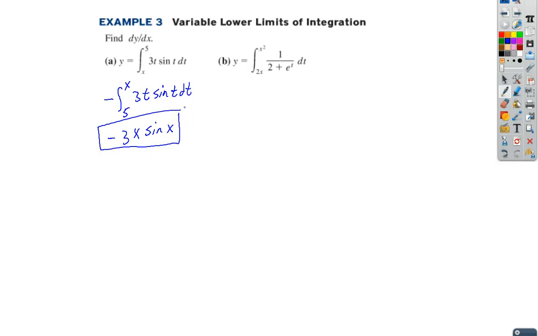For part B, it's a little bit more complicated. What you're going to have to notice here is, if I have a graph and I'm representing the integral from 2x to x squared, generally x squared is more than 2x. I can represent the integral from 0 to 2x from here, and I can represent the integral from 0 to x squared as this whole part here.